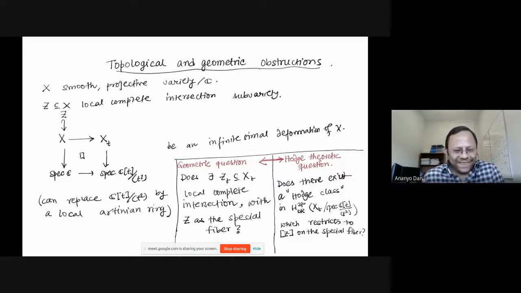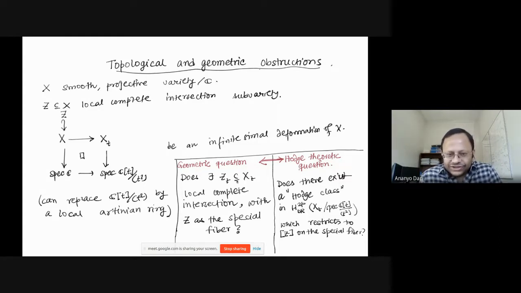What I am trying to do is compare the geometric obstruction to deforming Z to the topological obstruction, the obstruction to deforming the cohomology class of Z. Now I move the mouse. I have written these two questions.